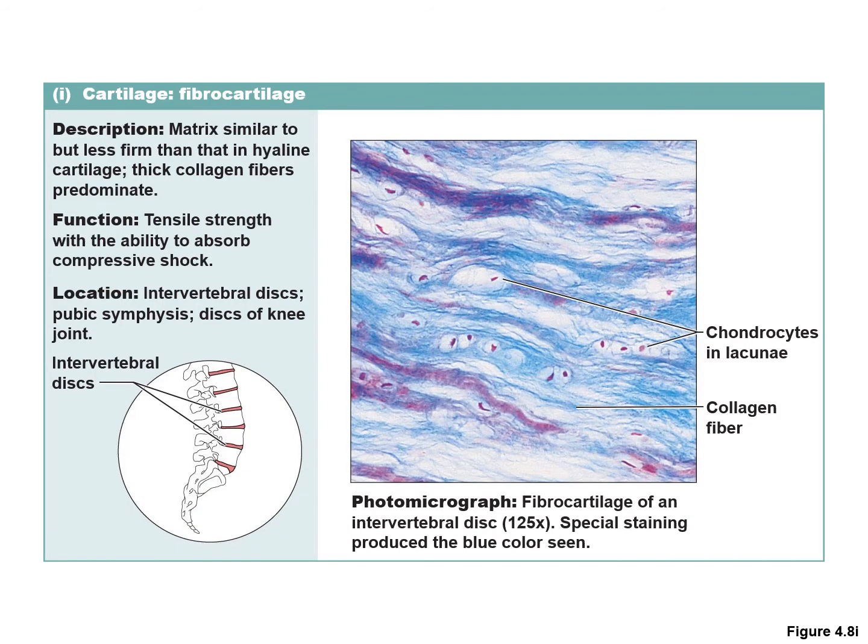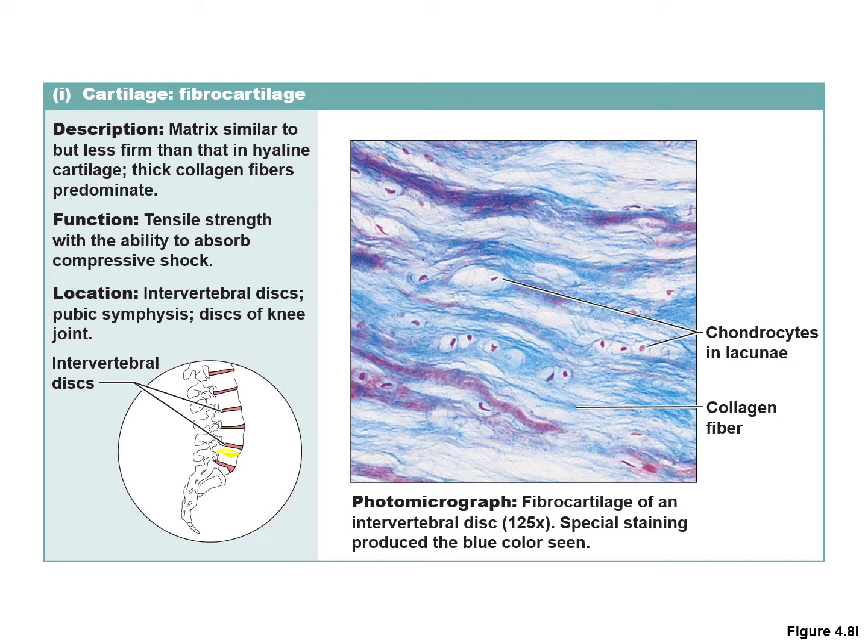Next cartilage is the fibrocartilage. Matrix similar to the hyaline cartilage, but we have mostly collagen. Collagen fibers are predominant, and this is pretty strong material. So you will find it in intervertebral discs. It shows over here between the vertebrae.